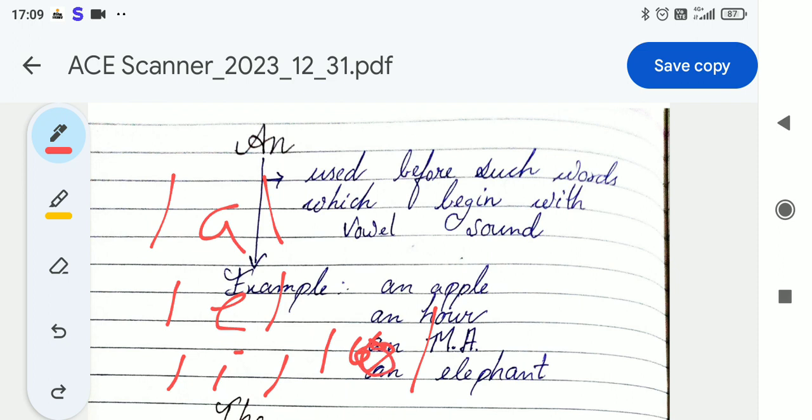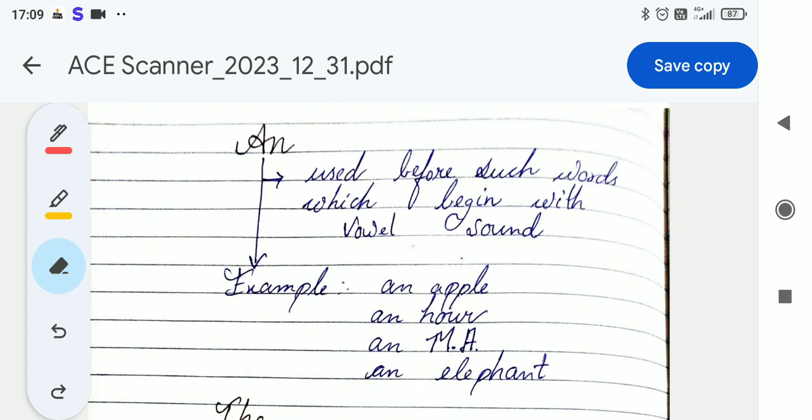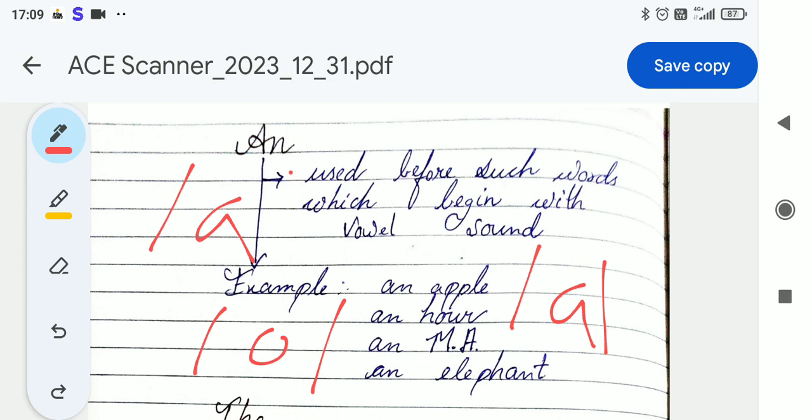Before these sounds, we use an. Just for example, an apple: there is an A sound. An owner: there is an O sound. An MA: there is an A sound. An elephant: there is an A sound. That's why we use an before these nouns.